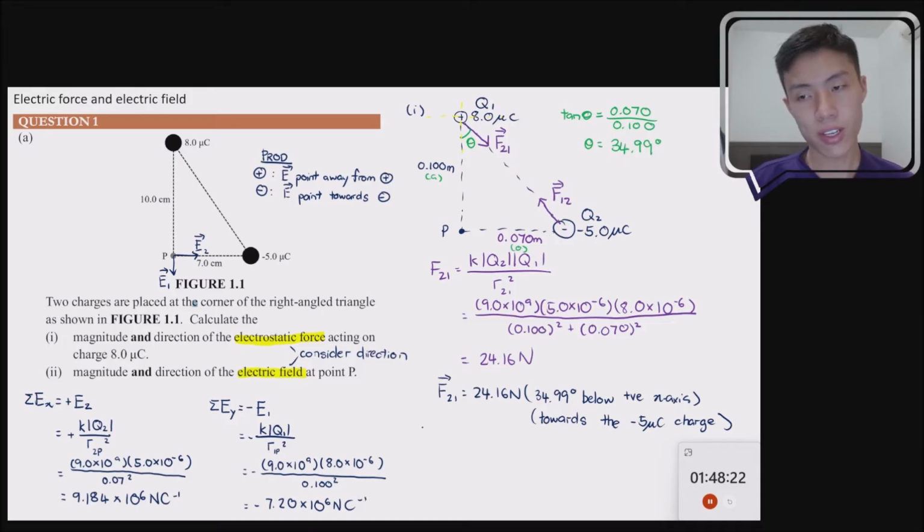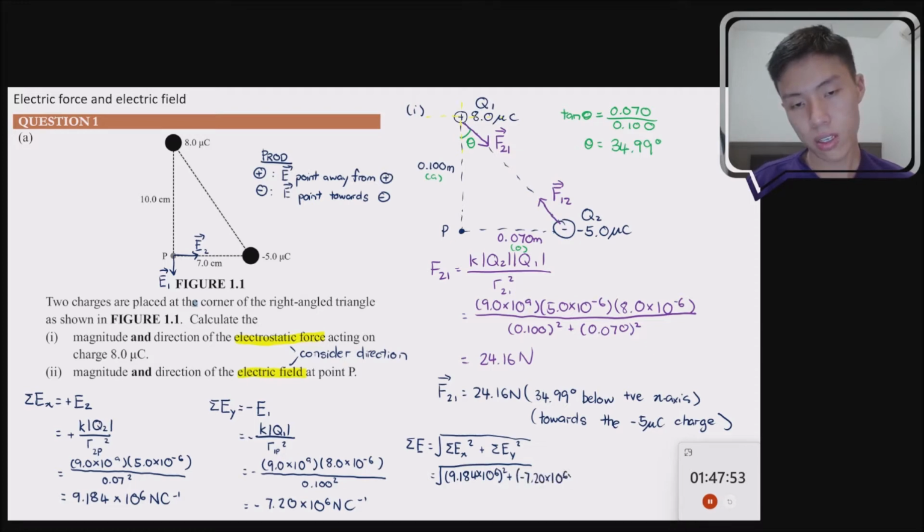Once we have both of these ready, we can combine them. If you want to combine the x and y components, we need to use Pythagoras theorem. So sum of Ex squared plus sum of Ey squared. Sum of Ex is 9.184 times 10 to the power of 6, squared, plus sum of Ey is negative 7.20 times 10 to the power of 6, squared.